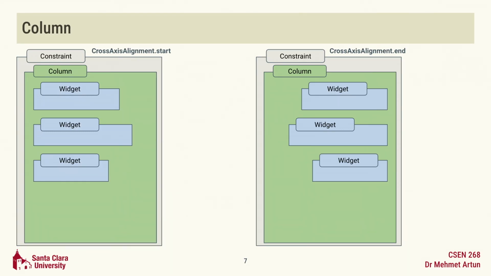If you put start, they will be left aligned. If you put end, they will be right aligned. I don't know what other options there are, but that's the cross-axis alignment. So the three main alignment things in column are cross-axis alignment, main axis alignment, and main axis size, which obviously has to do with all the layout issues. Any questions?